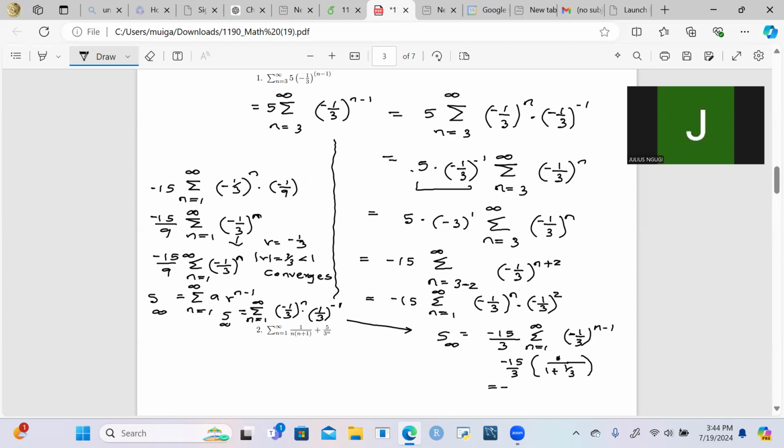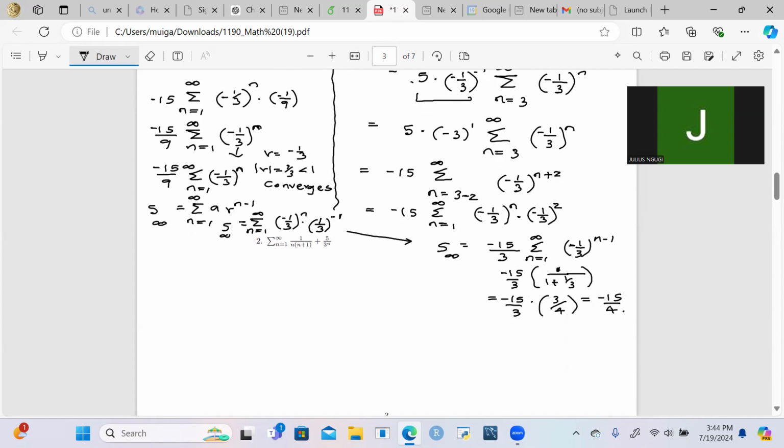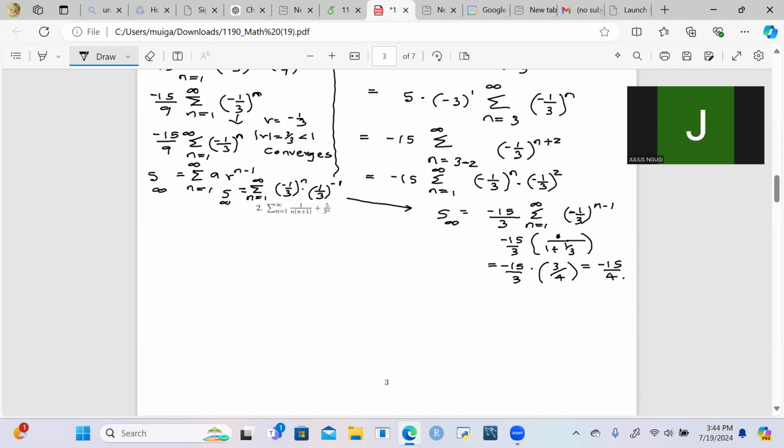So this will become minus 15 over 3, which is 5, multiplied by 1 over 4 over 3, so that's 3 over 4. So you get the answer as minus 15 over 4. So let's go to the second one.